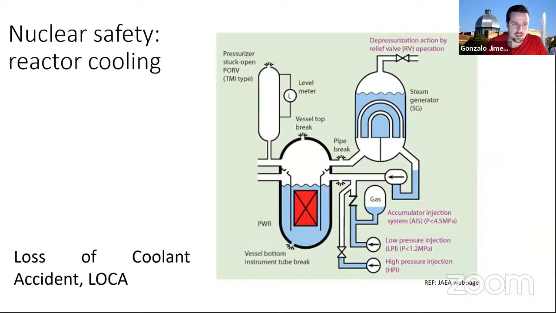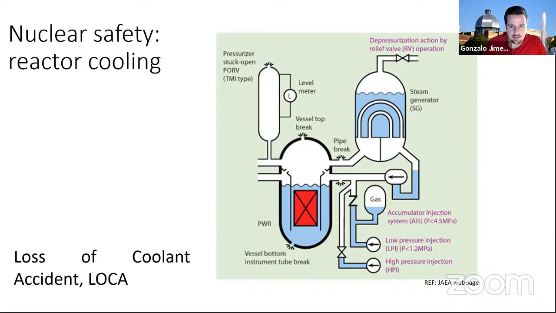In this first category, we'll talk about reactor cooling. As I told you, even if we have stopped the nuclear fission, we will have high residual heat. So we need to cool down the core continuously in the middle of a transient.